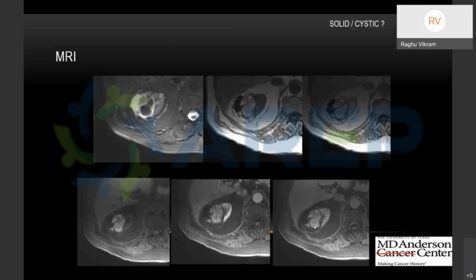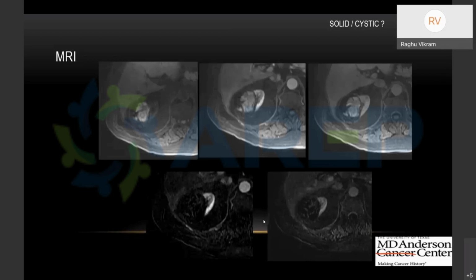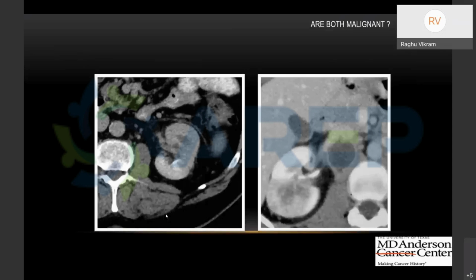But once you do subtraction, you know that there is no enhancing component. And so you know that this is a nice ablative response, and all that is just hemorrhage. So we use MRI as a problem-solving tool many times, in addition to ultrasound, particularly.